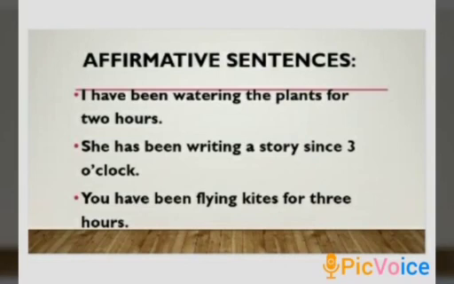Third, you have been flying kites for 3 hours. You can see that we have used first form of verb plus ing, and have been or has been as the helping verb.